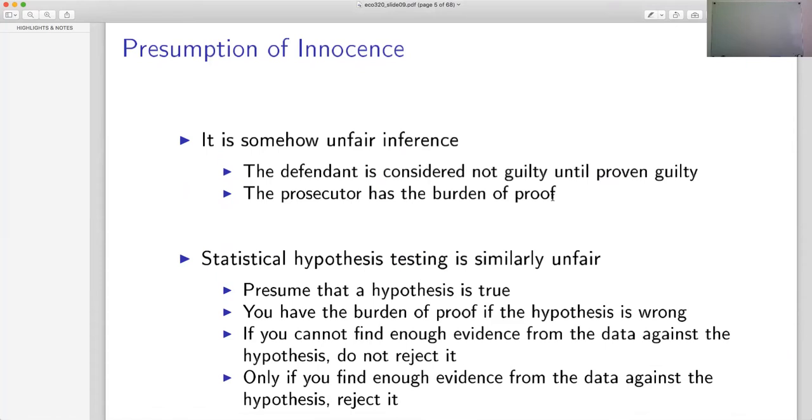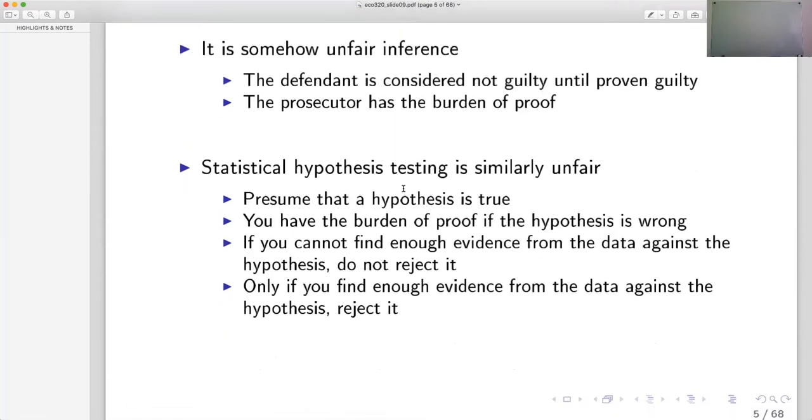It's actually the same thing in statistics. Until you find a statistically significant result, it's not actually having an effect. I'm going to discuss that more in the later part. The prosecutor has the burden of proof. So statistical hypothesis testing is similarly unfair. You presume that a hypothesis is true, and you have the burden of proof if the hypothesis is wrong.